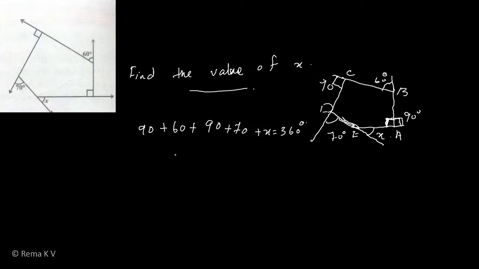Now find the value of x. X is equal to 360 minus 310, which is equal to 50 degree.